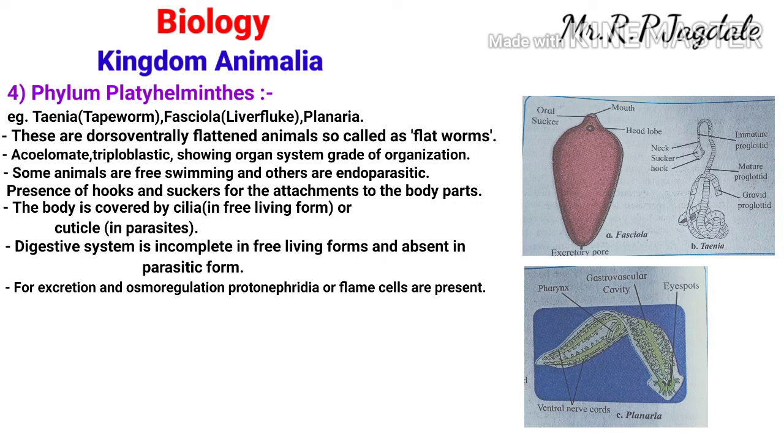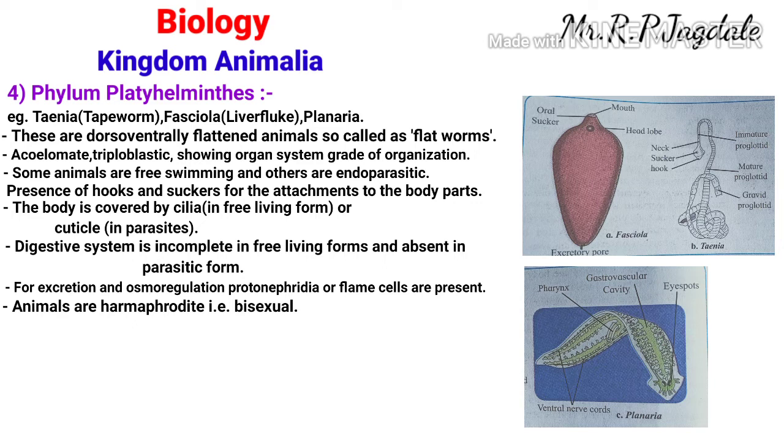Okay, this is the characteristic feature. Protonephridia or flame cells are present in phylum Platyhelminthes for excretion and osmoregulation. The animals of this phylum are hermaphrodite, that means they are bisexual.